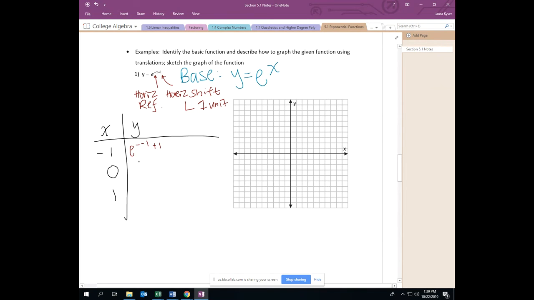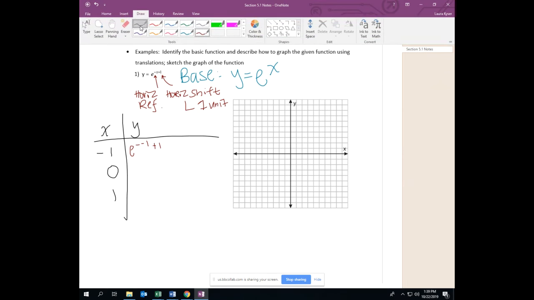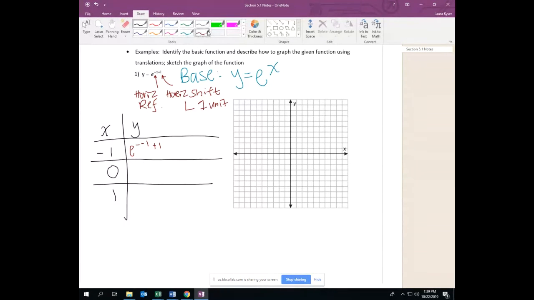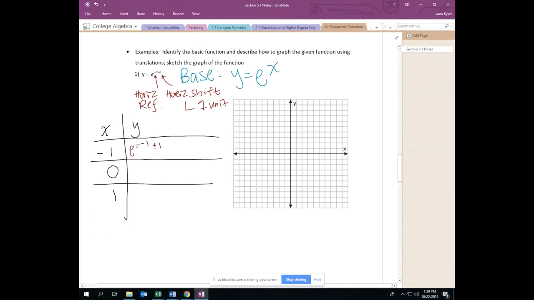And that's just me plugging straight in here. I'm going to simplify it after I get everything in, but I want to make sure I have everything in there correctly. So e to the minus negative 1 actually means e to the first power, because minus and negative means plus, and then plus 1 more, which gives me e squared.